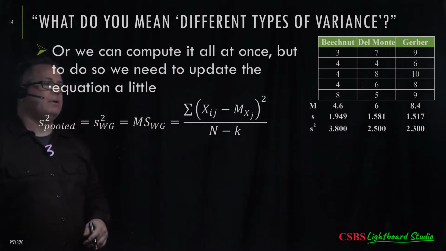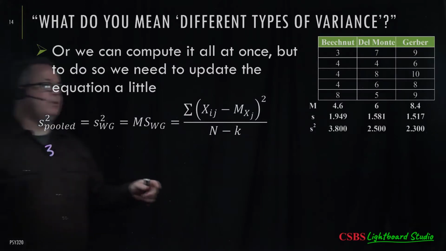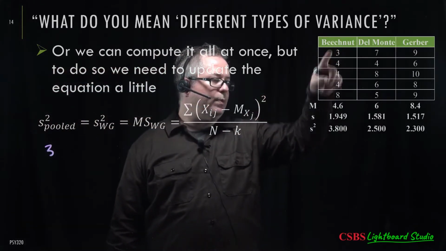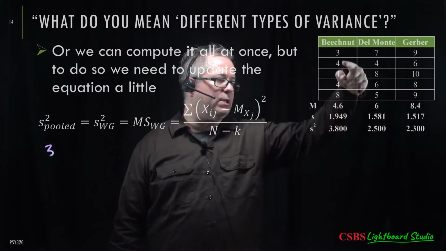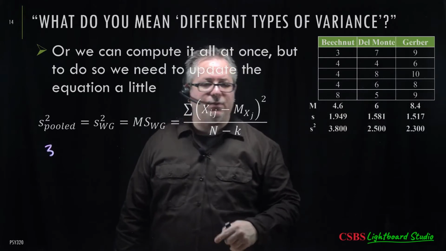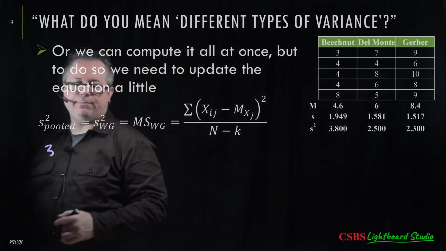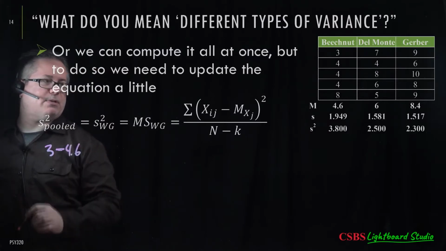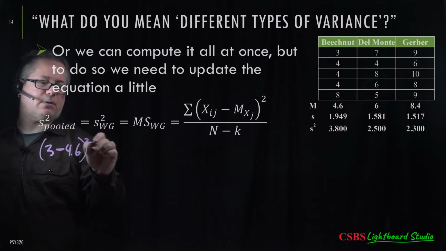Okay. And because they're in group 1, which is the beech nut group, that group has a mean of 4.6. So everyone that's in this group is going to have the same mean subtracted from it. So 3 minus 4.6, I'm going to square that.